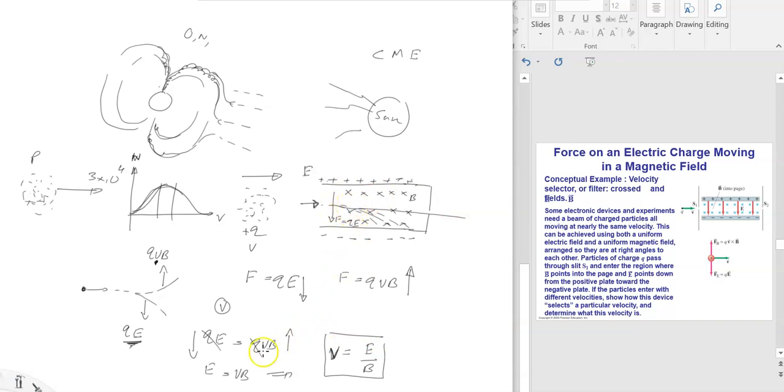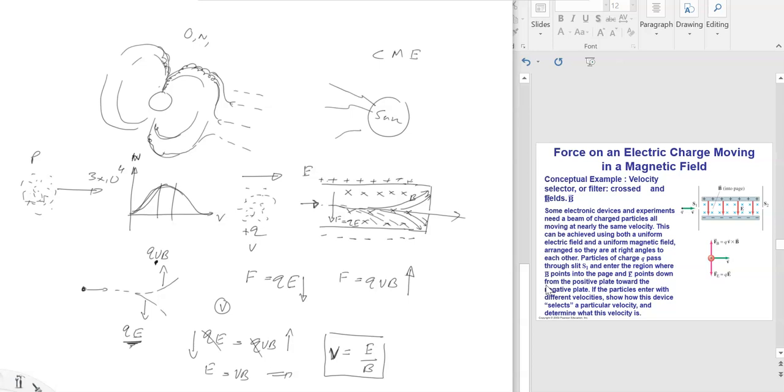If a particle feels too much magnetic force, it will deflect upward and stop. If they feel too much electric force, they will deflect downward. So the slower particle is going to go this way, the faster one is going to go up. The ones that have the velocity we need will come out. And if we need a different speed, we can change these electric and magnetic fields and select what we need.